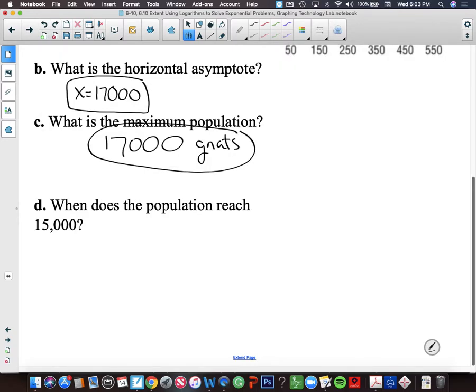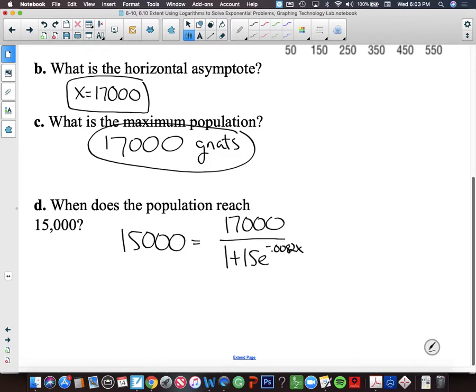When does the population reach 15,000? So here's going to be some number crunching for you. Our end result is 15,000, and our equation is 17,000 over 1 plus 15e to the negative 0.0082x.